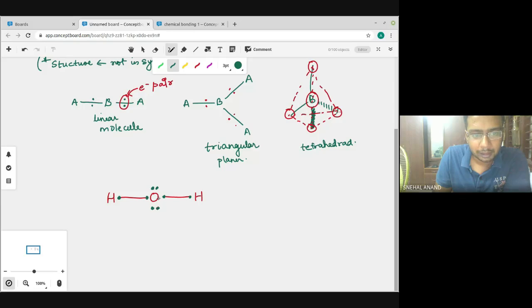This is where things might become a little tricky. So this oxygen has a total of 1 electron pair, 2 electron pair, this is 1 bond pair, and this is 1 bond pair. So this oxygen has a total of 4 electron pairs around it. All right. So 4 means the structure will be tetrahedral. Okay. So it's a 3D structure.